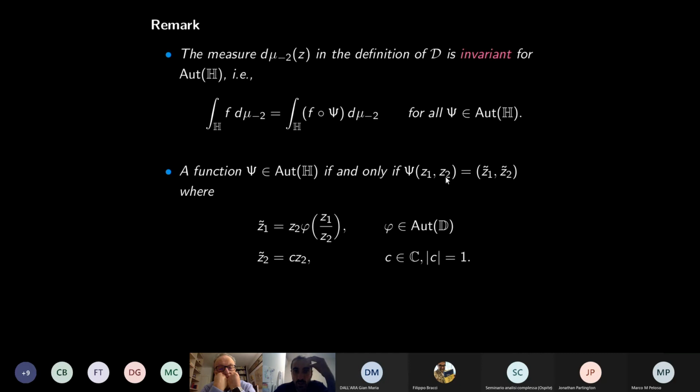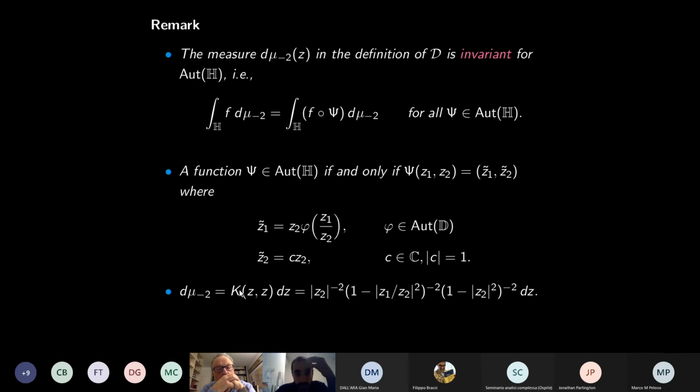We have psi(z1, z2) equals (z1 tilde, z2 tilde), where z1 tilde is equal to z2 times phi of z1 over z2, where phi is an automorphism of the unit disk. And since we are in the triangle, z1 over z2 always belongs to the unit disk. On the second variable, we only have a rotation, so z2 tilde is c z2, where c is a complex number of modulus 1. So this is the measure.